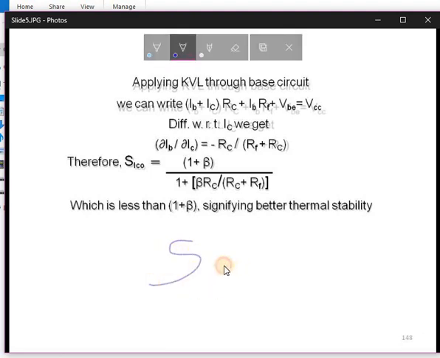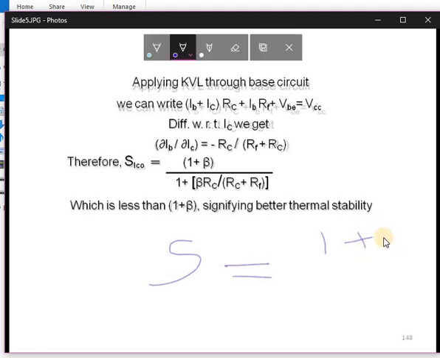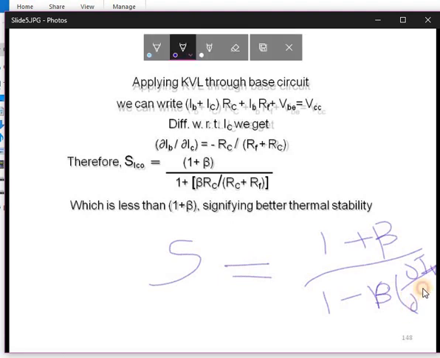Already we know that the stability factor S is equal to (1 plus beta) by (1 minus beta into dou IB by dou IC).